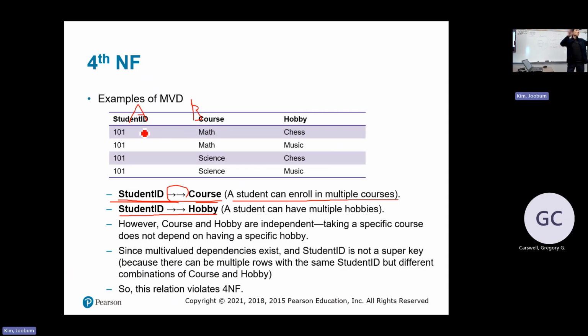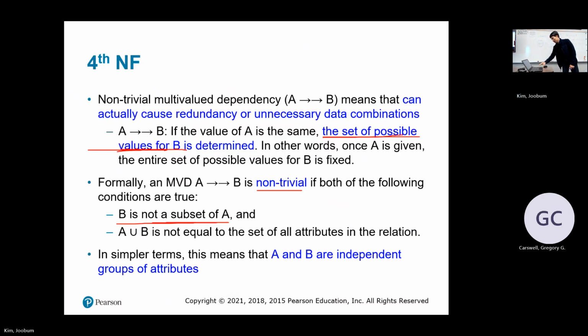It's independent. Or student ID and hobby. This is A and this is B. Is B a subset of A? No, B is not a subset of A. This is one condition to be a non-trivial multi-value dependency.